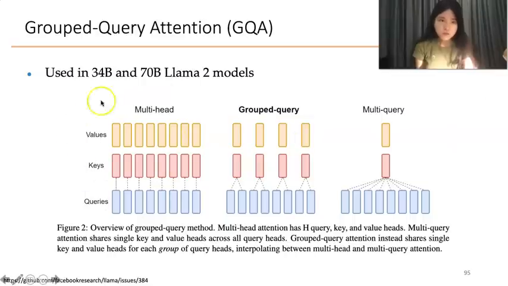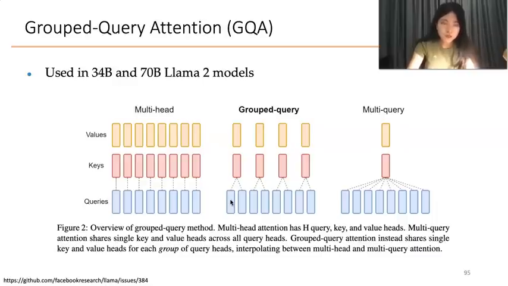In ChatGPT or the original transformer, we just use multi-head attention, where you can imagine that for each head, for each query, we have a key and value. But in grouped query attention, every two queries, or every several queries, can share the same key and value. So that could save some cache size.